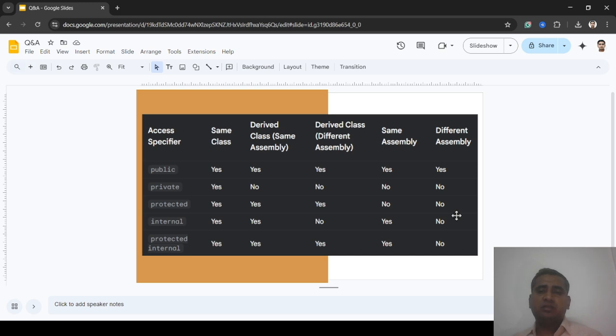So that is the main difference and use of the protected internal keyword. I hope this comparison will make it easier to understand and remember the access specifiers.